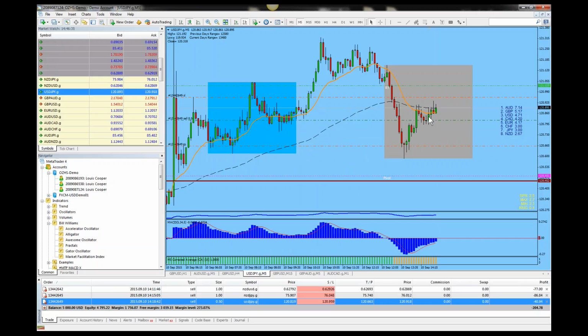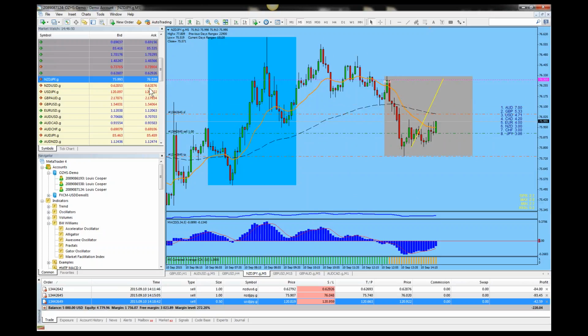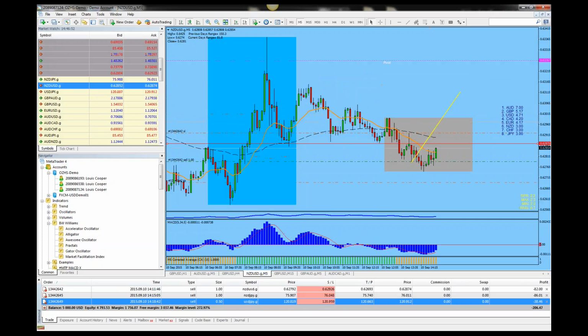It's just staying in this range. We got a price trap here with this guy. Now let's see which one looks like the one that's most likely to move in our direction. Actually, they're all going the other way.